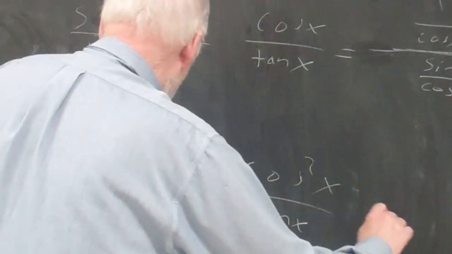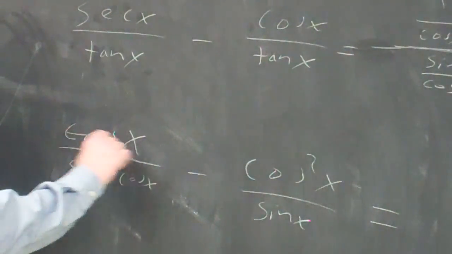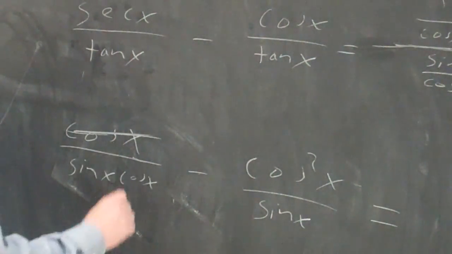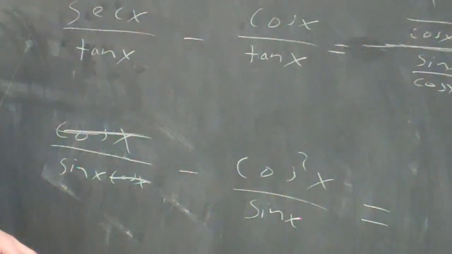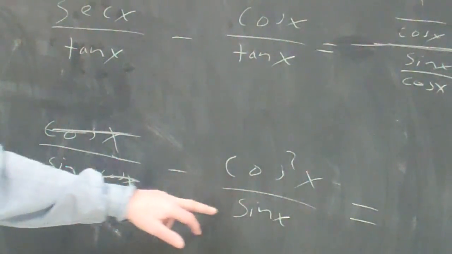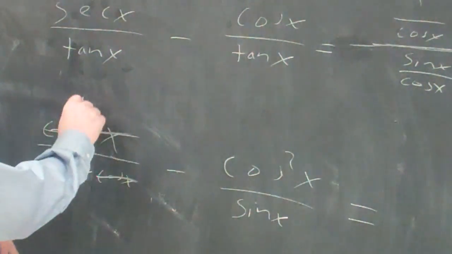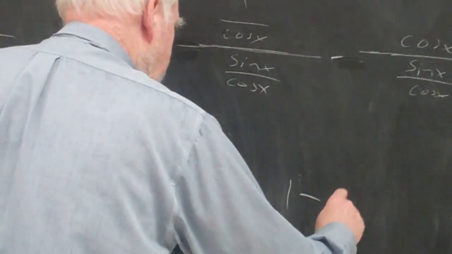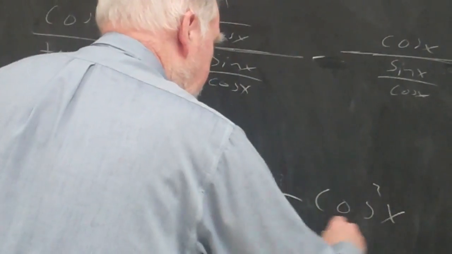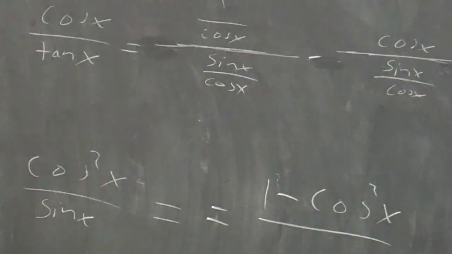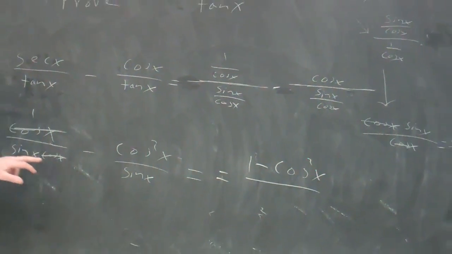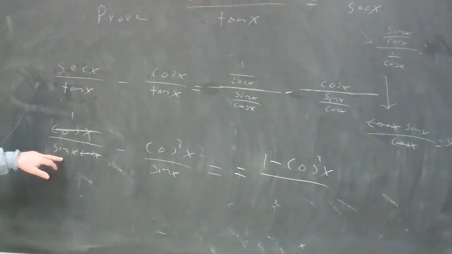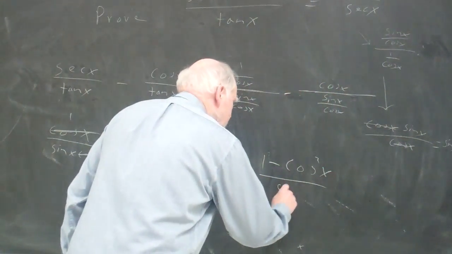And so here's what I've got. I see that this thing goes away, and this goes away. They cancel, right? I can't cancel anything, but I've got a common denominator, don't I? And this is 1 here. So I can write this as 1 minus cosine squared x. I can put it back together because it has a common denominator. 1 minus cosine squared x over sine x.